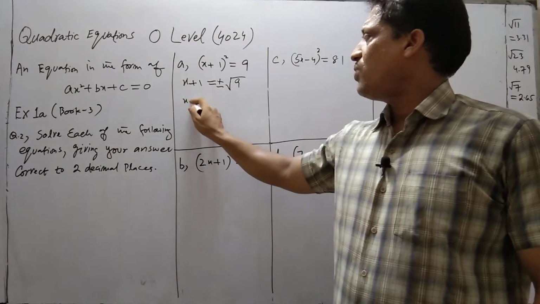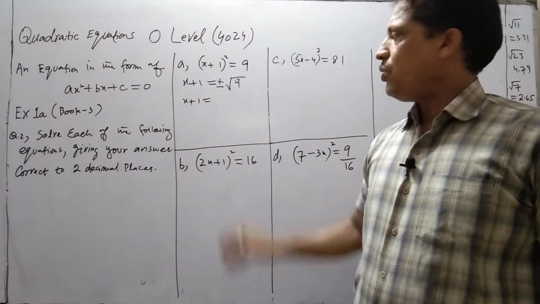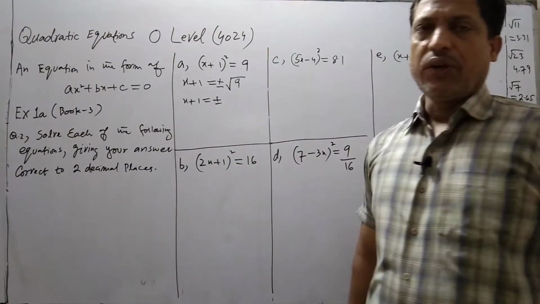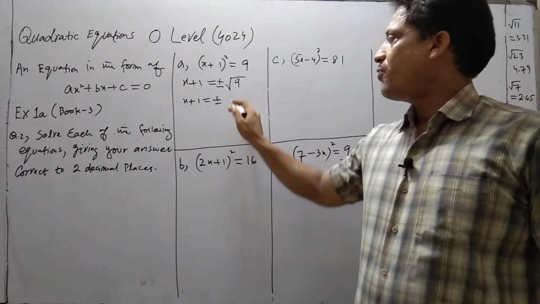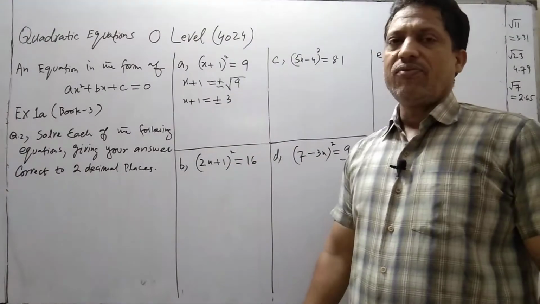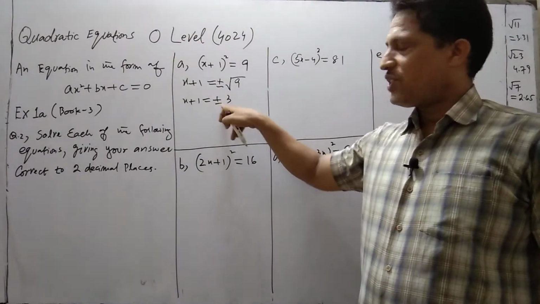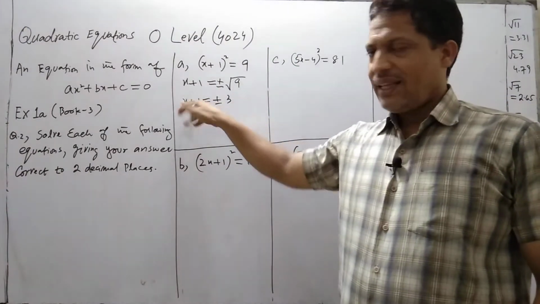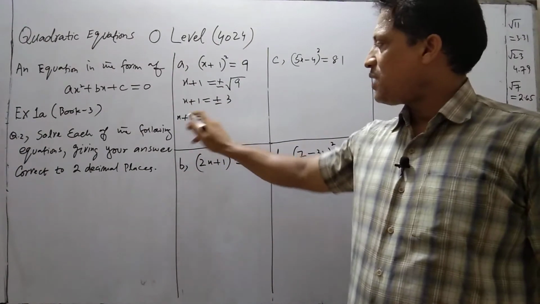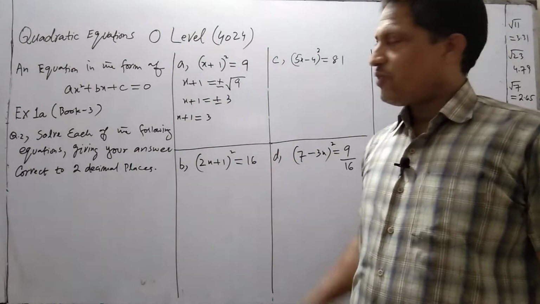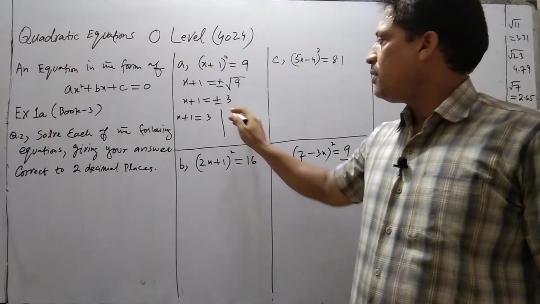So x plus 1 is equals to plus minus, you know the square root of 9? Yes, square root of 9 is 3. Students, what is the meaning of this plus minus 3? This is x plus 1. First, you have to write x plus 1 with plus 3 sign, make a line.